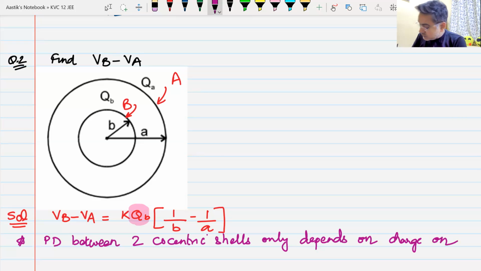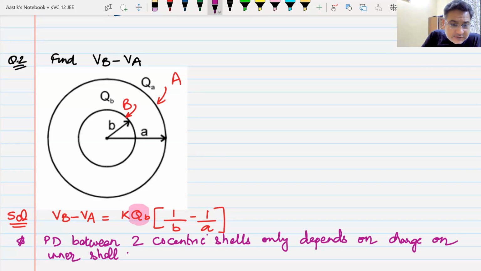Charge on the inner shell. Will you remember this? This is one thing that you should remember. Everyone understand this, or has this gone above your head? Understood, sir.